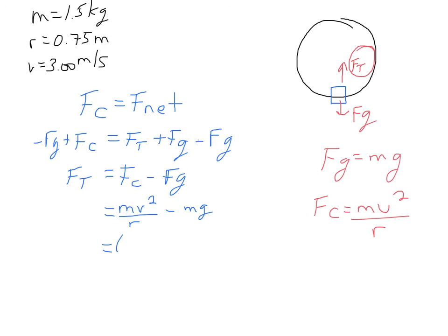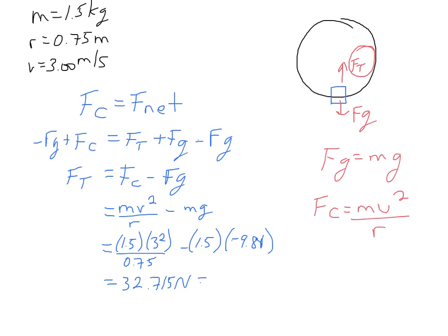When I put in my numbers here, I have 1.5 multiplied by 3 squared divided by my radius, which is 0.75. From that, I'm going to subtract my mass, which is 1.5, and my gravity, which is negative 9.81. And I'm going to get 32.715 newtons. And to put into significant digits, I will have 33 newtons as my force of tension.